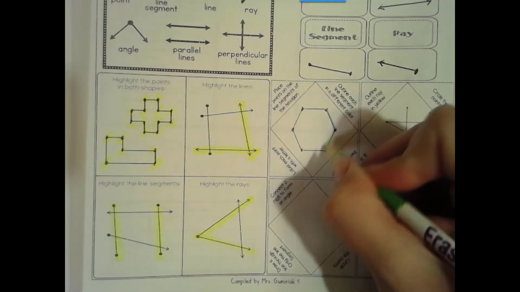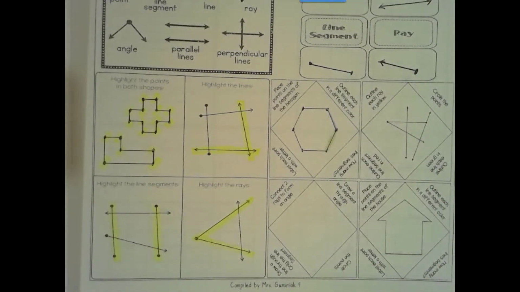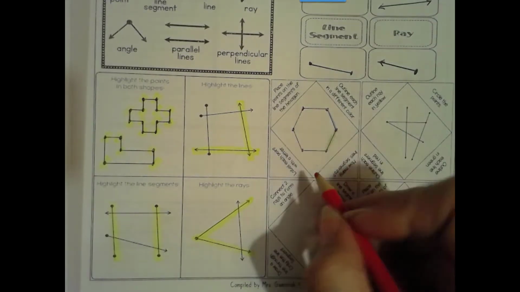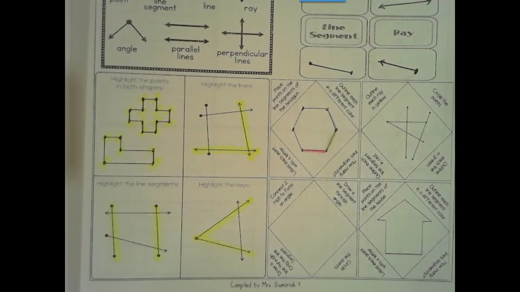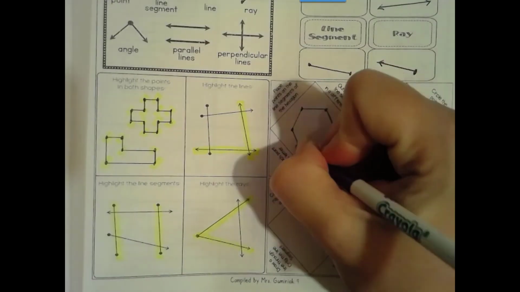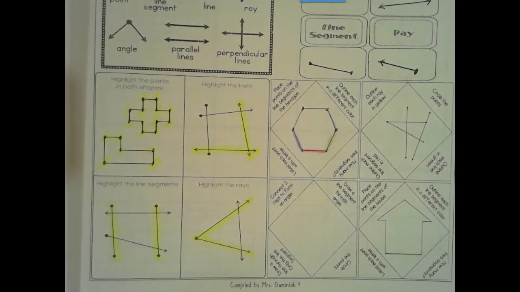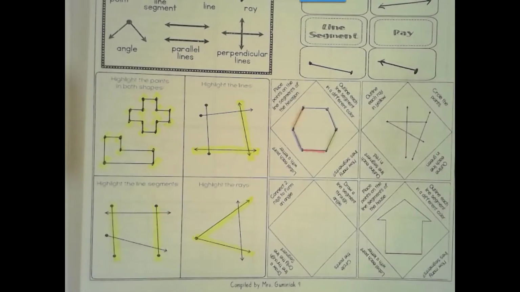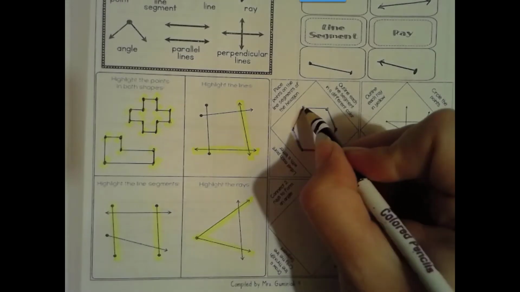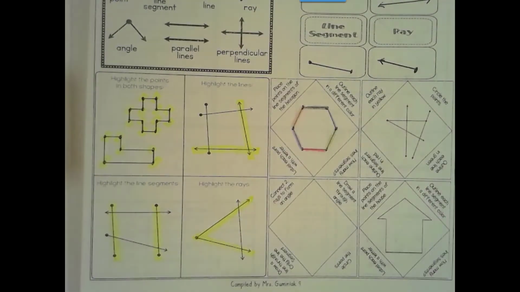If you don't have crayons or colored pencils, then you may use a different pen, because you have 3 colored pens, pencil, highlighter, and you can rotate them. Okay, so you should have 6 different colors, or at least a pattern going on there.